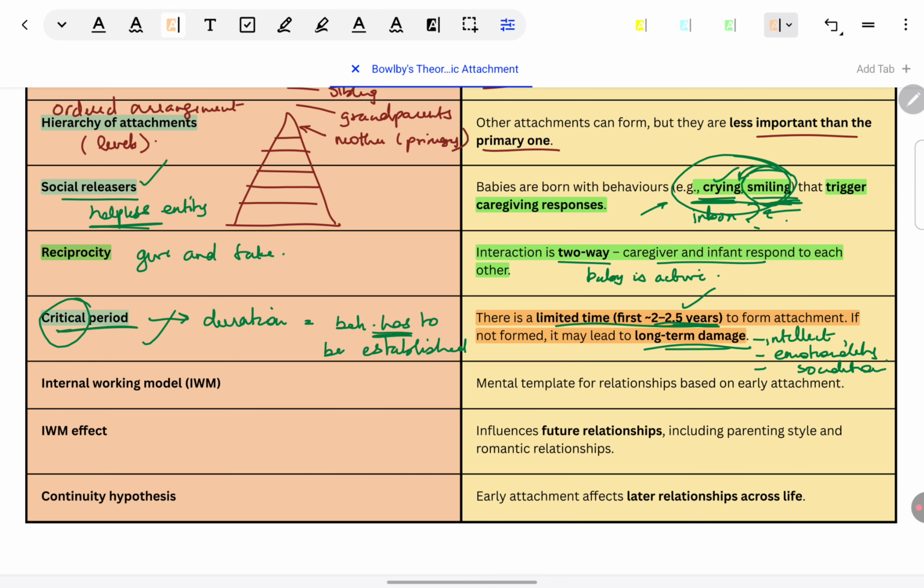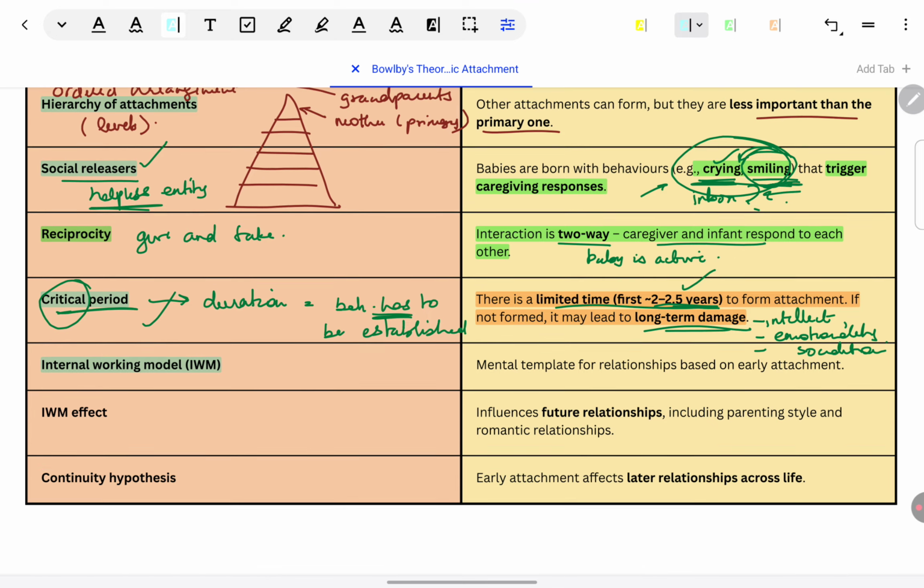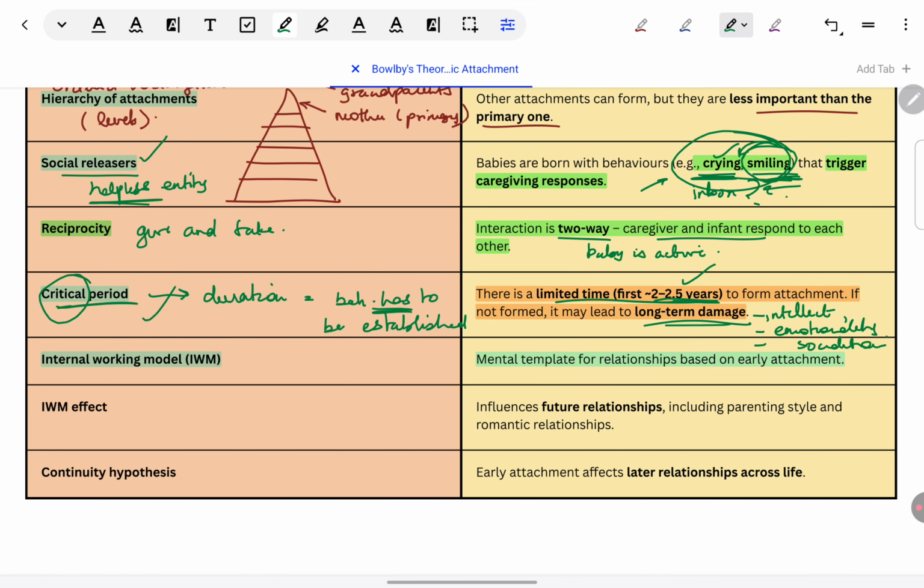So, related to this, there is one more idea, internal working model. Why this primary attachment is so important, and again we are seeing future implications. How come it has future implications? Beyond childhood, what impact can a monotropic figure have? What happens is, according to Bowlby, again, remember what we had seen in Lorenz's study, then you'll be able to relate with this.